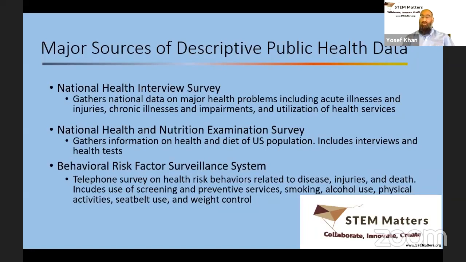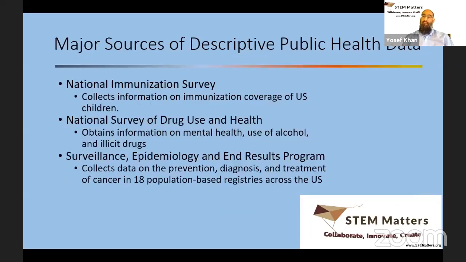How many people are smoking, how many cigarettes per day are they using, alcohol use, physical activities, do individuals wear seatbelts, etc. Immunization. We have a large database related to immunizations. We have databases related to drug use.